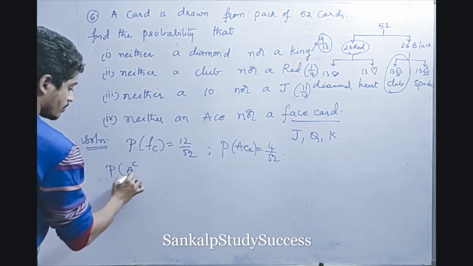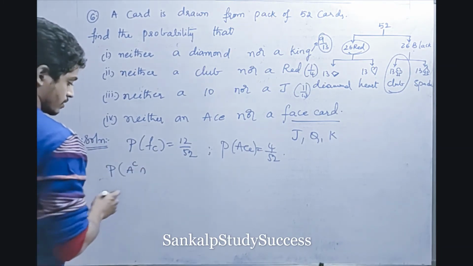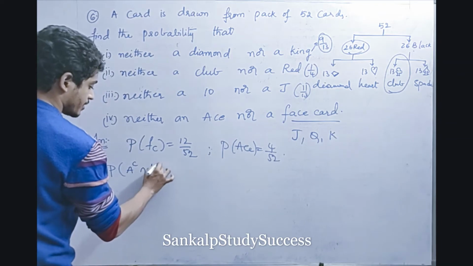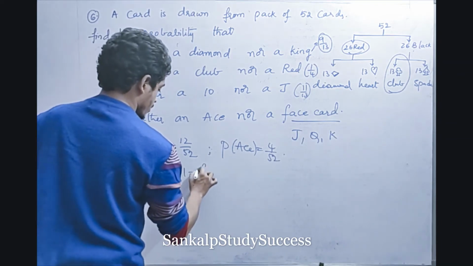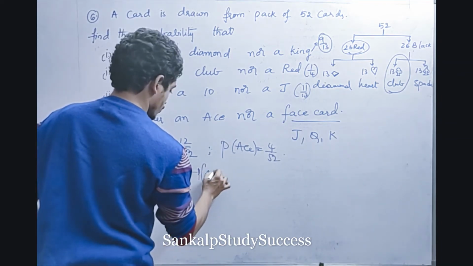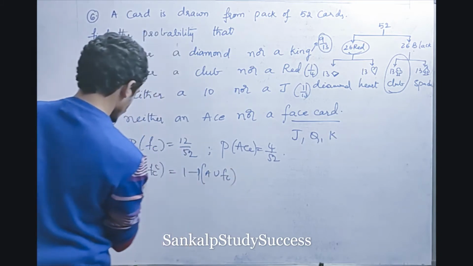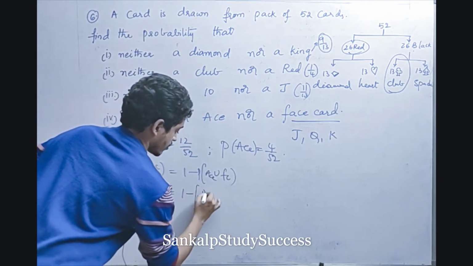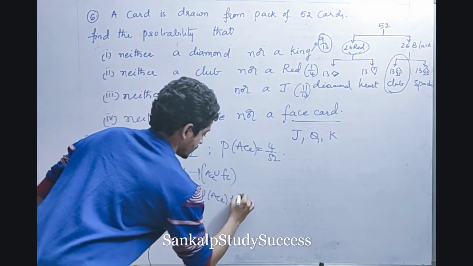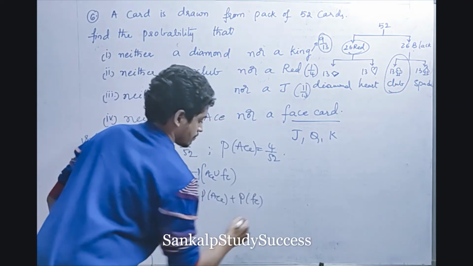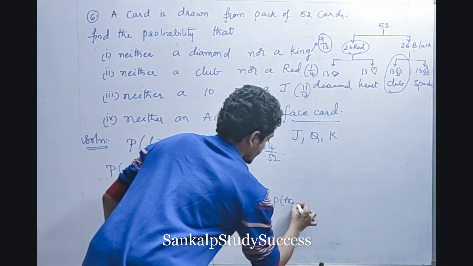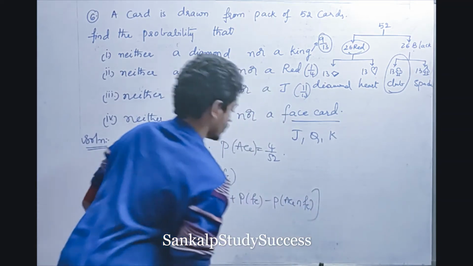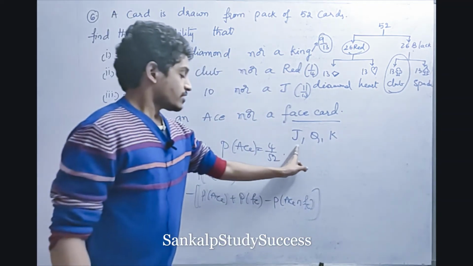Now, probability of neither an ace nor a face card is asked. So ace complement intersection face card complement. So 1 minus P of ace union face card, right? So 1 minus P of ace plus P of face card minus P of ace intersection face card. So here JQK are face cards.